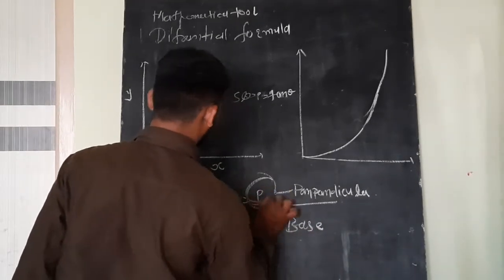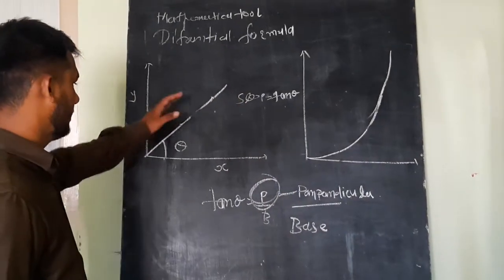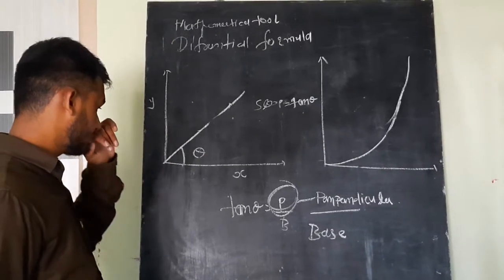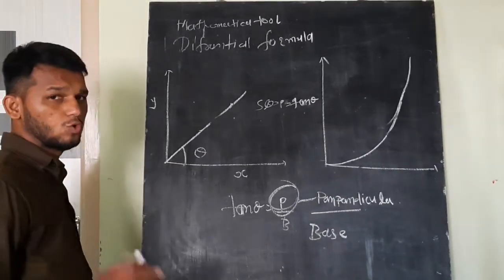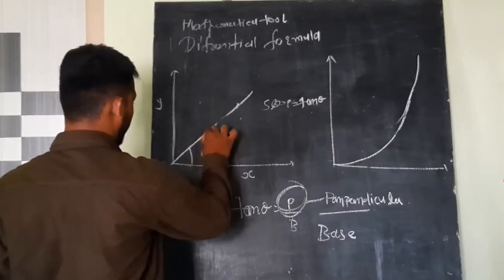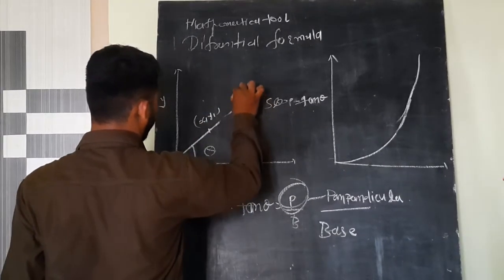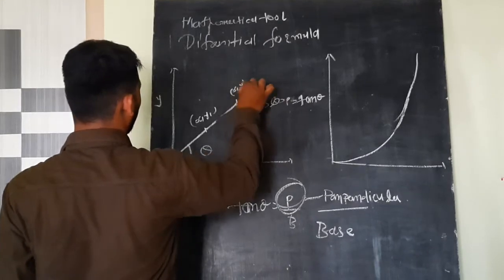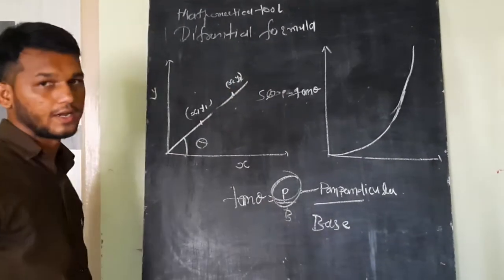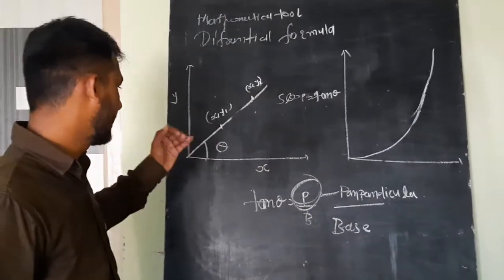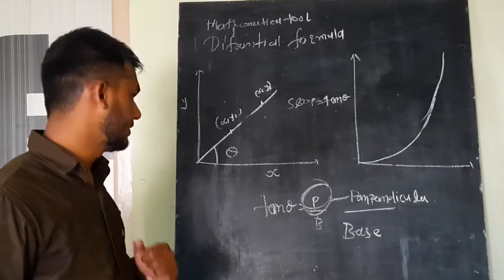In this phenomenon we will just consider two points, the first one x1, y1 and also x2, y2. There are two different points on the straight line, and to take the slope we consider these two points.